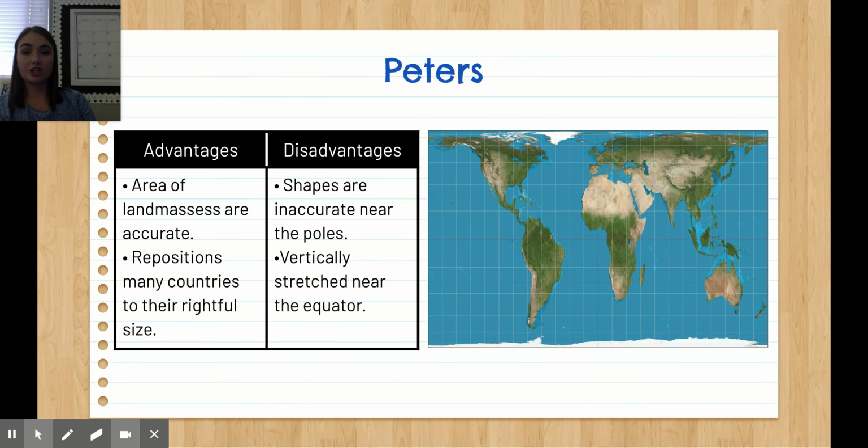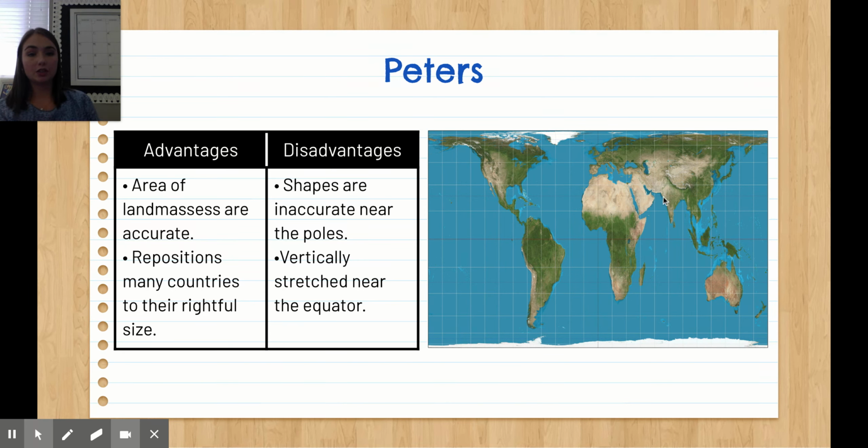Another projection is the Peters projection. The advantage of this one is that the area of the land masses are accurate. So the area of Africa is accurate here and the area of Greenland is, but you can tell that the shapes are inaccurate. So although the land area is like this, however many square feet this says it has, it's correct, but the shapes are way off.